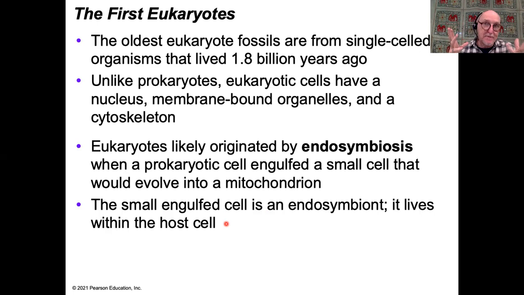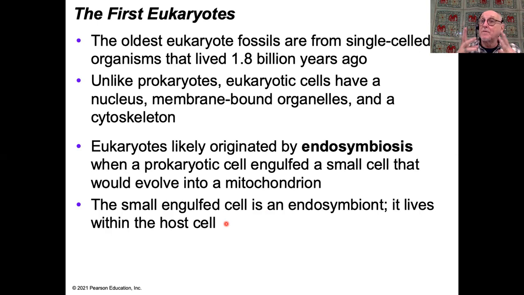There are two groups that are particularly important. The one group incorporated only those prokaryotes which were able to produce cellular energy. We recognize that endosymbiont now as the mitochondrion. Another group were able to take in both those, what would form the mitochondria, and autotrophic prokaryotes, which were able to do photosynthesis.